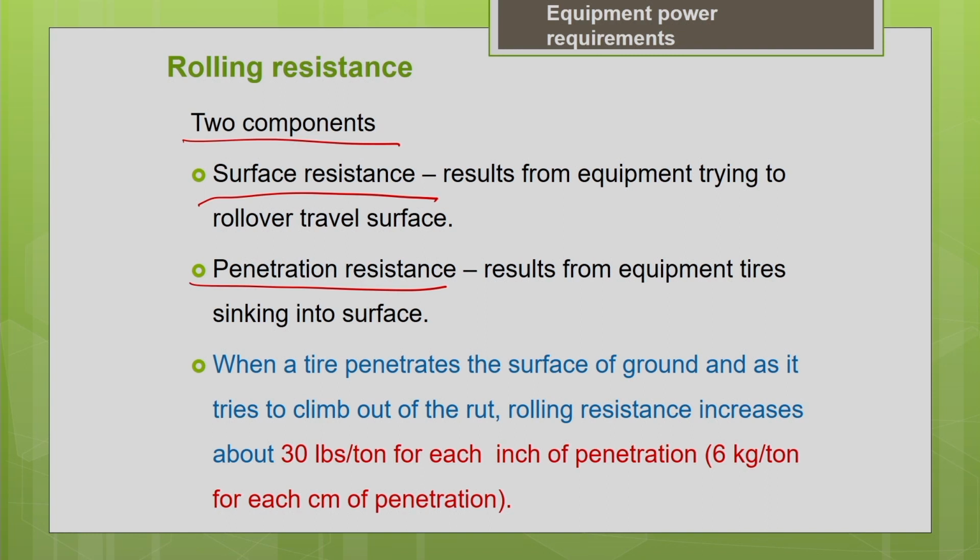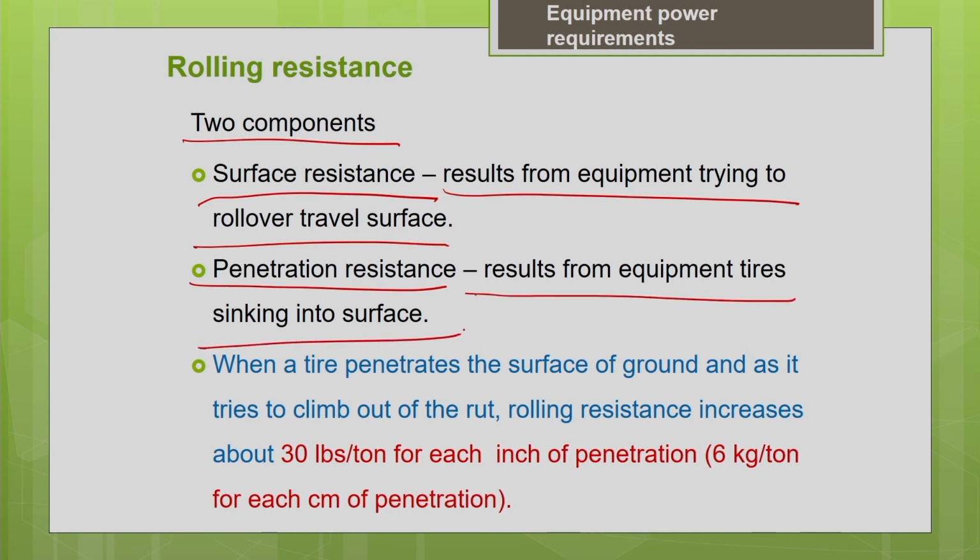Penetration resistance is the resistance encountered when the tire is sinking into the surface. This will happen for soft roads. Surface resistance results from the equipment trying to roll over the travel surface. Penetration resistance results from the equipment tires sinking into the surface. Both these things we have to estimate and add to find the total rolling resistance.